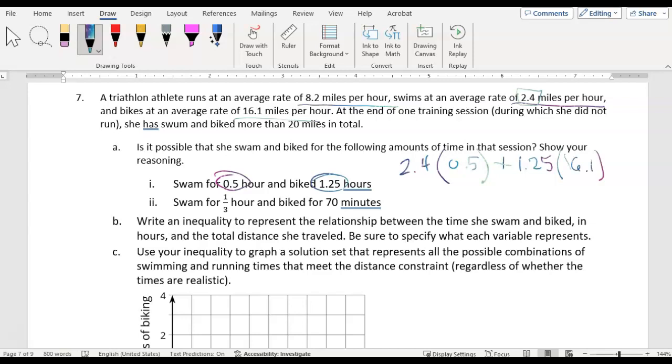It says she has swum and biked more than 20 miles total. Okay. So greater than 20 miles total has to be what that would be.